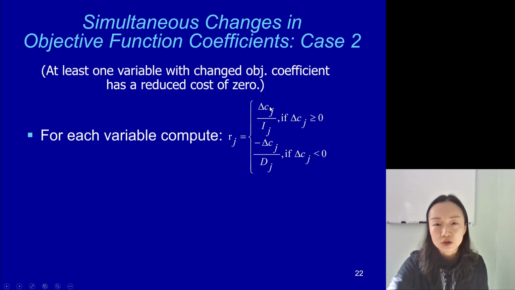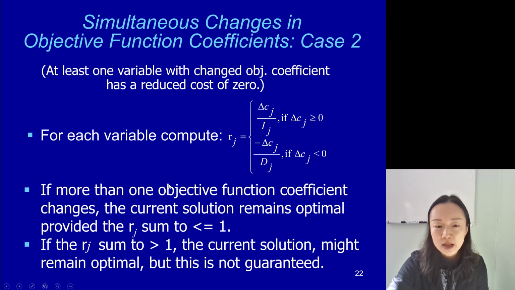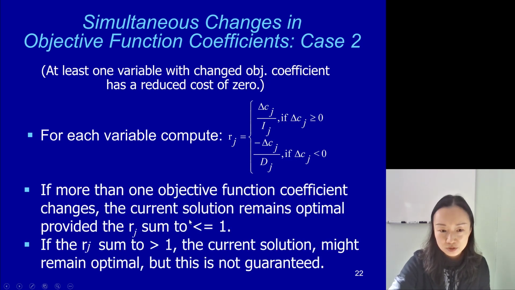If you want to increase it, then your denominator would be the allowable increase for that coefficient. And if you want to decrease it, so this amount of C that you're going to change is decreasing, then you would use the allowable decrease of that coefficient to calculate this percentage. And you calculate that for each of the variables and you add them together.